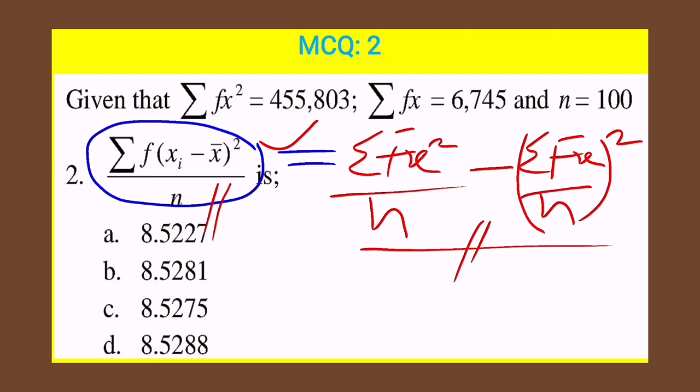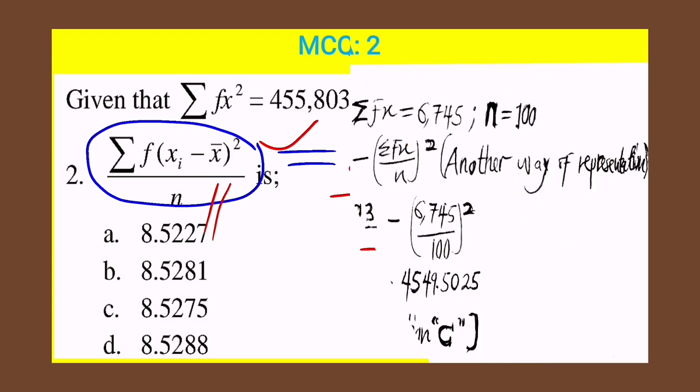The options are A, 8.552, B, 8.5281, C, 8.5275, then D, 8.5280. Let's see which is the best option. And remember, we are using the information in this question to solve up to question 5, so as we move along, you'll appreciate what I'm saying better.